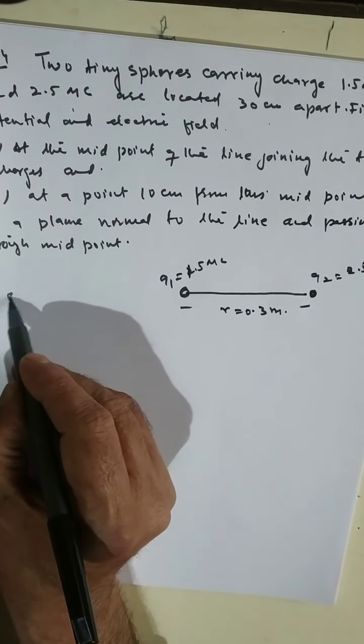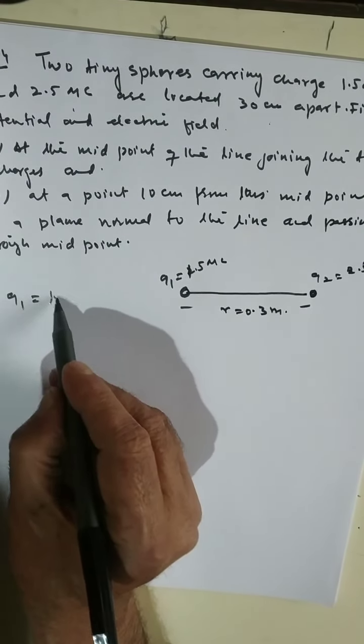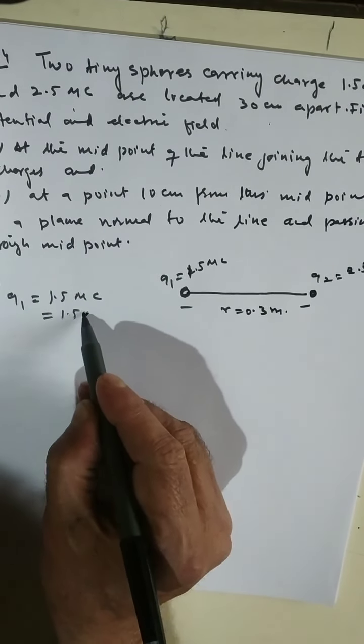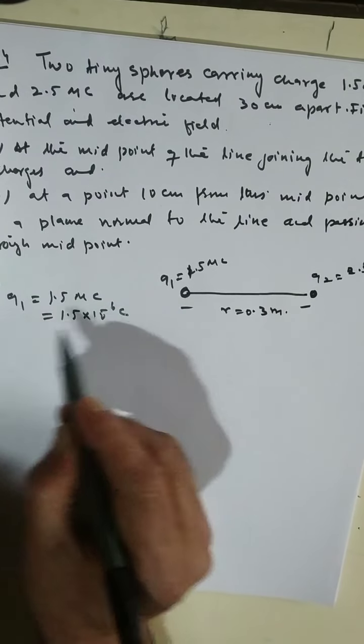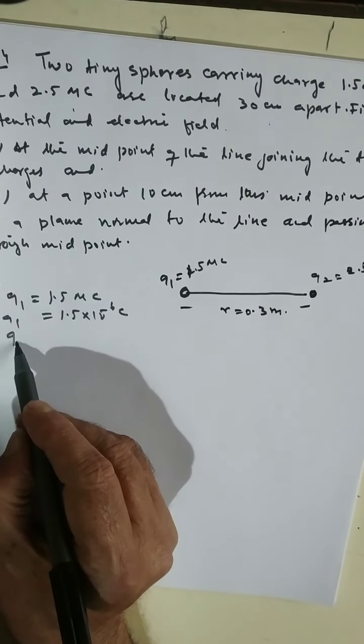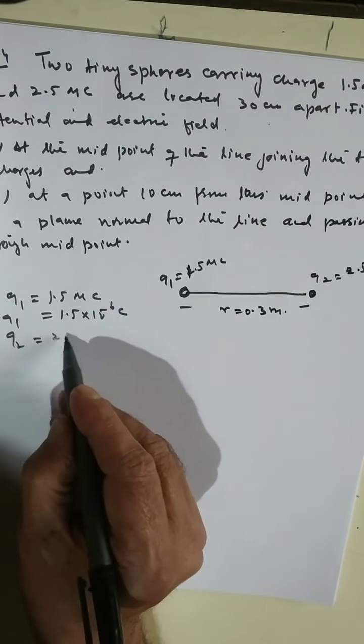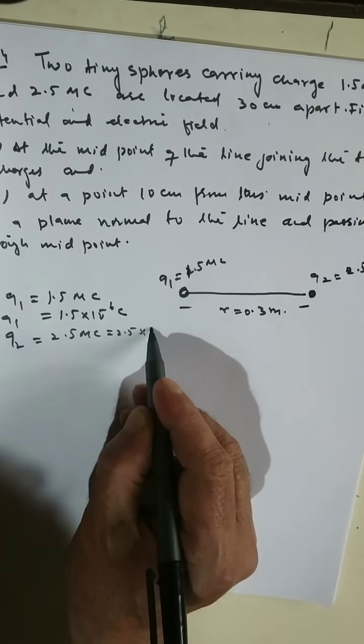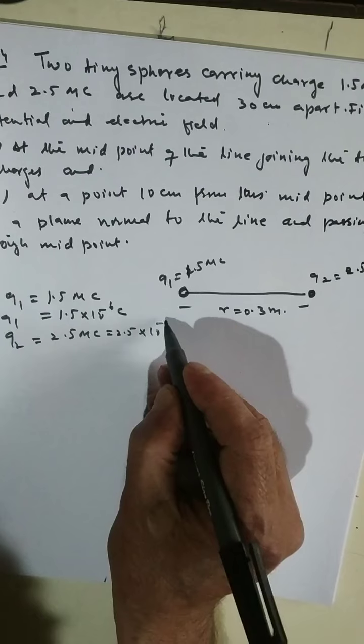So we have charge Q1 as 1.5 microcoulomb, that is 1.5 into 10 raised power minus 6 coulomb. Similarly, Q2 is 2.5 microcoulomb, that is 2.5 into 10 raised power minus 6 coulomb.